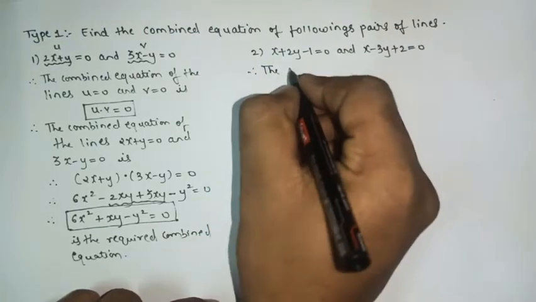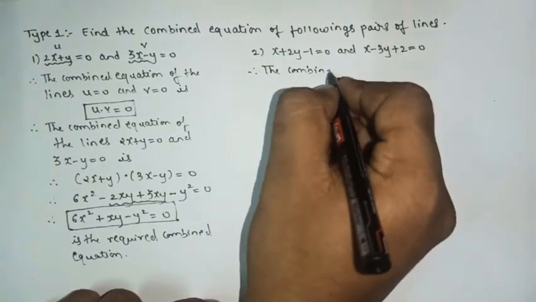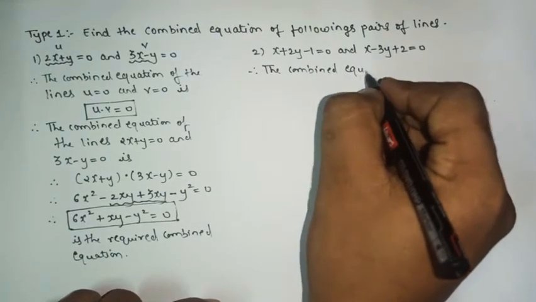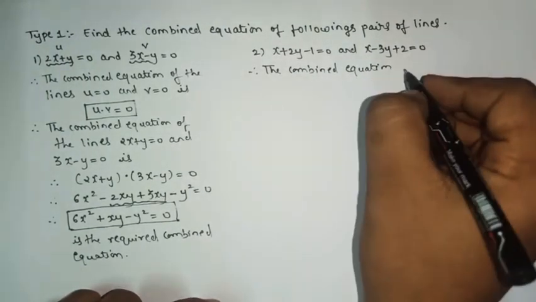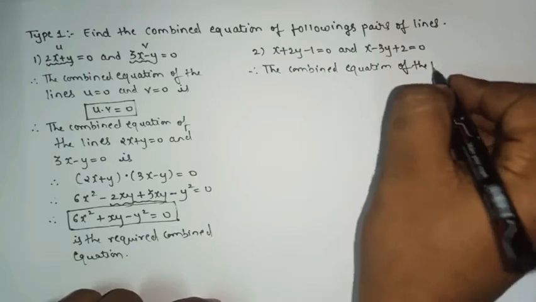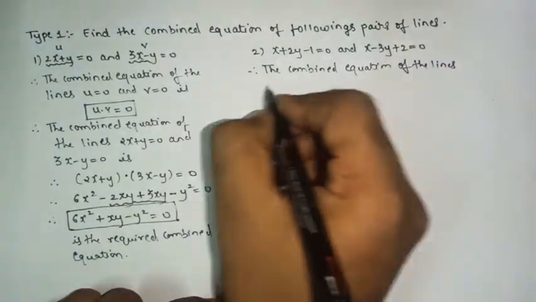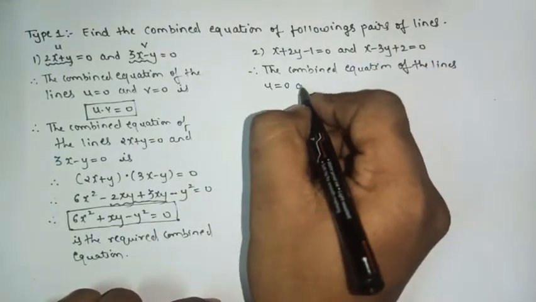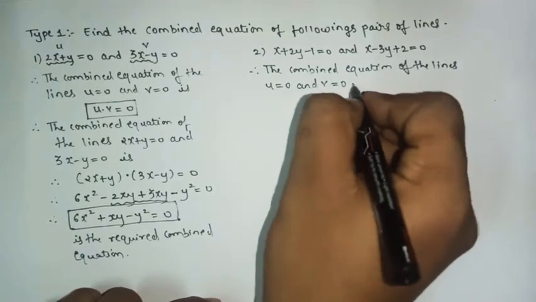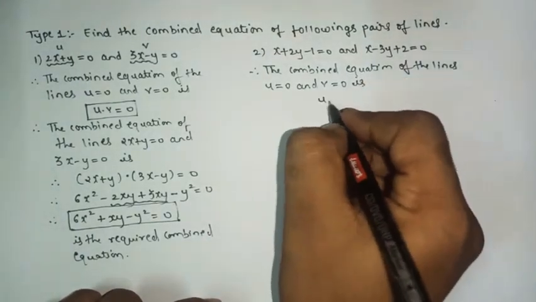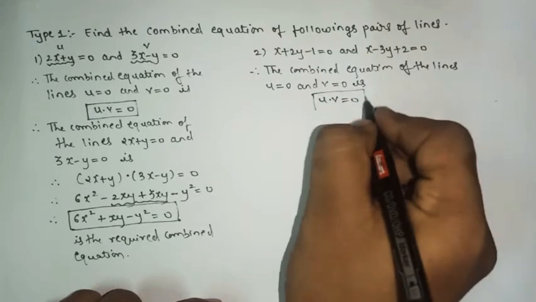The step will be the same. The combined equation of the lines u equal to 0 and v equal to 0 is u into v equal to 0, yes or no?